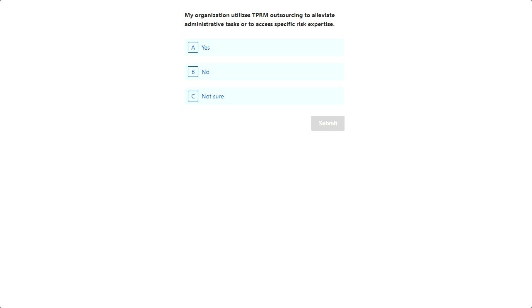The first one is that third-party risk management certifications are actually, for the most part, pretty difficult to get. They require a significant amount of experience, and then there are some pretty hefty exams that go with it. Now, they're valuable because they do demonstrate that that person has the professional credentials to perform that role.